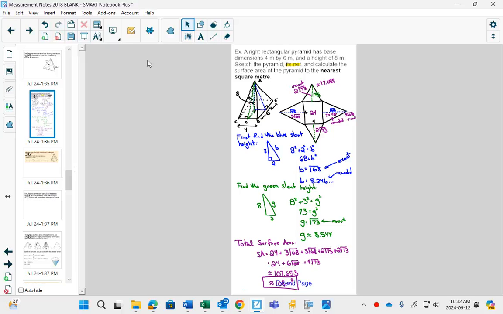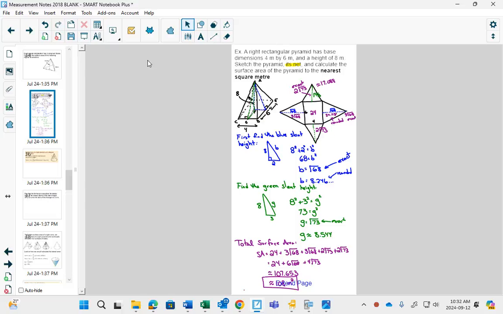But usually you write a test only with pencil. Notice I had a little explanation of what I was going to do, right? It doesn't have to be big, but I'm like, I'm going to find this slant height first. That sometimes helps me later, because sometimes you do math, and by the time you finish the math part, you're like, where was I? What was I doing?